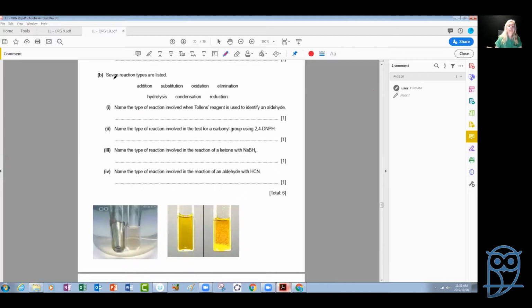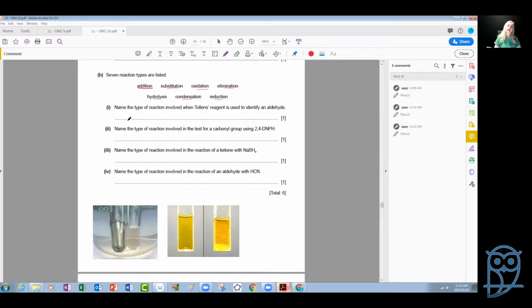All right, so it says now 7 reaction types are listed: addition, substitution, oxidation, elimination, hydrolysis, condensation, and reduction, which is roughly all the chemical reactions that we usually discuss.